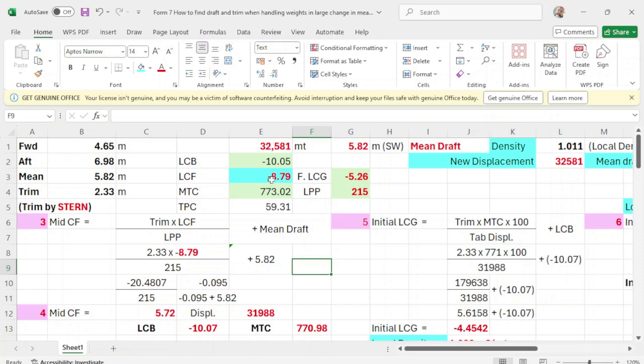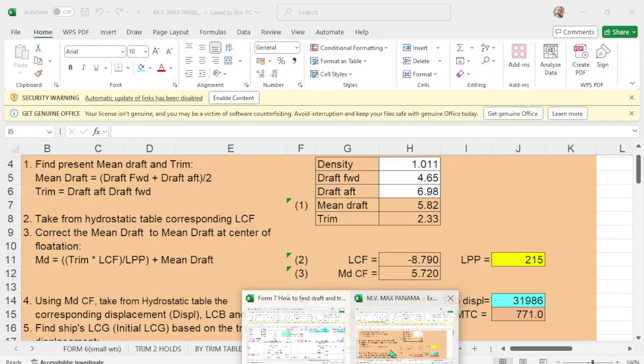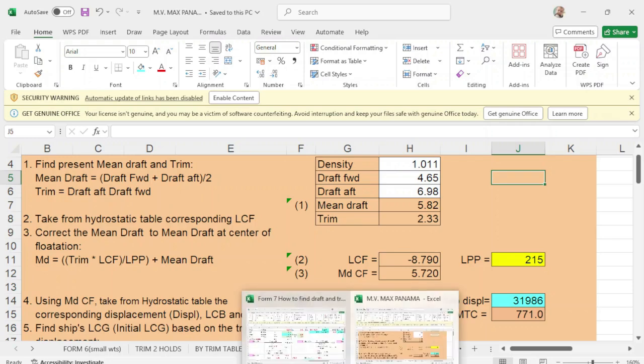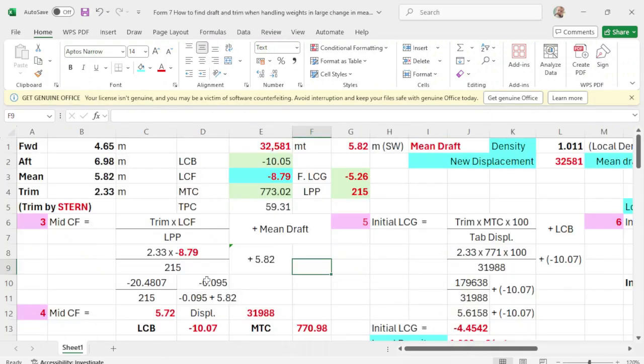So this is what we're concerned with. Proceed: LCF over LPP of 215 plus mean draft. Your mean draft is 5.82.